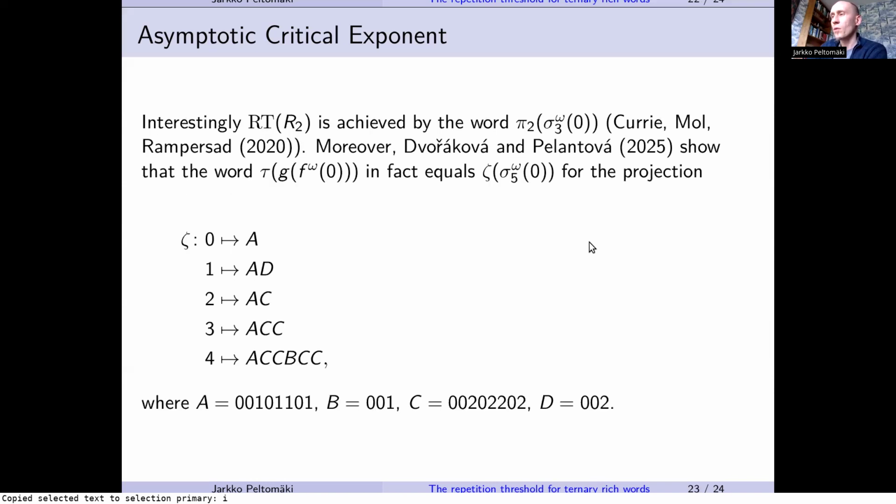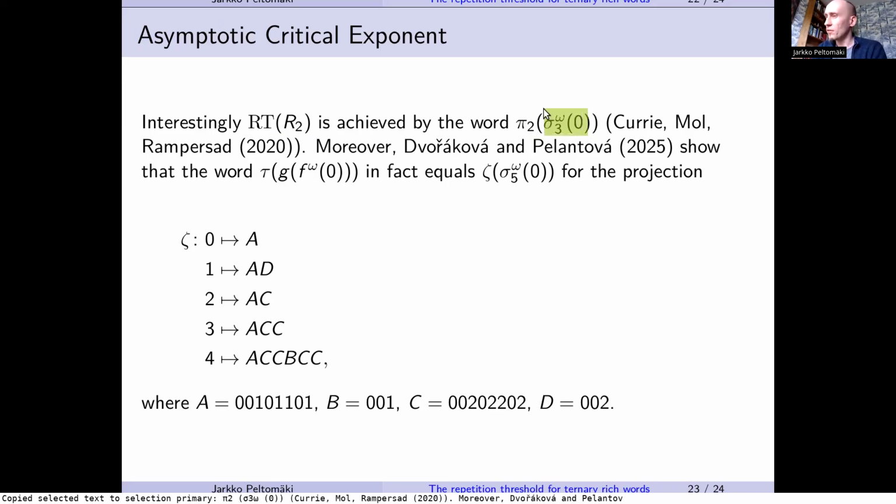The reason I wanted to give you these morphisms explicitly is that there are some interesting observations Dvorakova and Pelantova have made. First of all, there is this earlier proof by Curry, Moll, and Rampersad that determines this repetition threshold in the binary case. And it so happens that this threshold is achieved by this word.